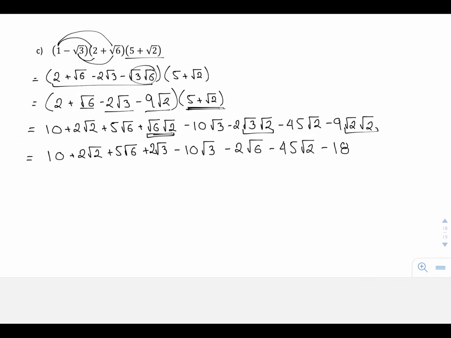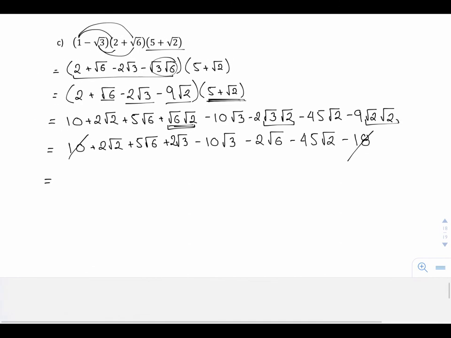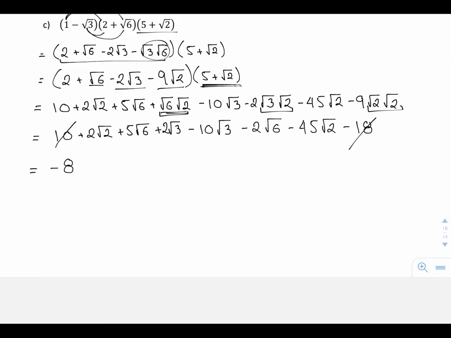So I think we have some like terms finally. Let's begin with just our whole numbers. So I have negative 18 and positive 10. If I add them together, they give me negative 8. So negative 8 here.